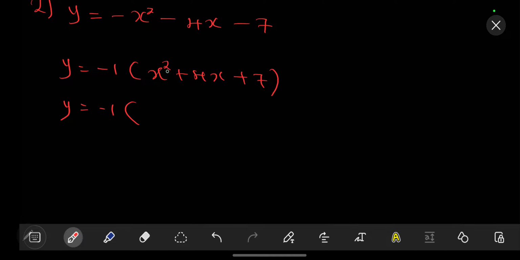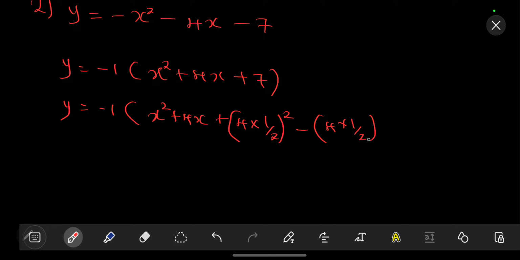Here we use the same approach: x squared plus 4x, then add the square of half of 4, which is 4 times half, squared. Same number, you subtract, minus 4 times half, squared. Then we have plus 7 like that.